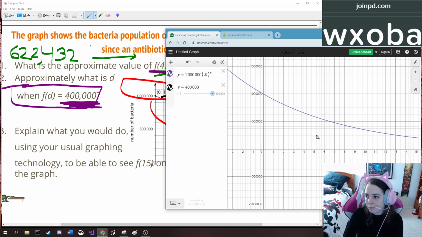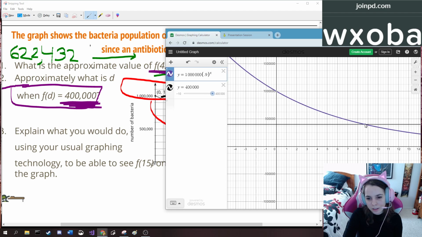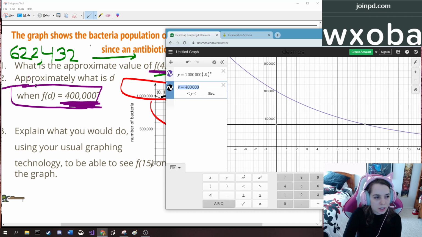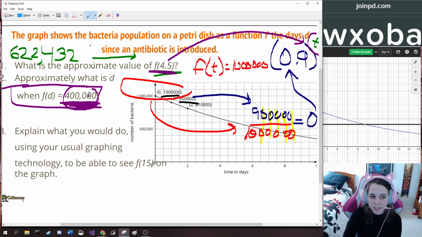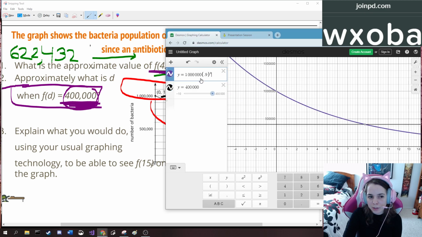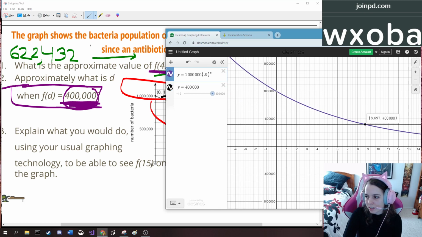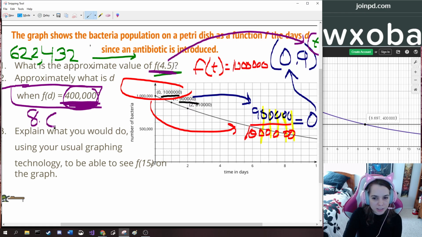Okay. I can find the exact amount of time that passes to get to 400,000. Again, you just do y equals the output you're trying to find. You graph your equation, and then you find the intersection point. So this is going to be 8.697.